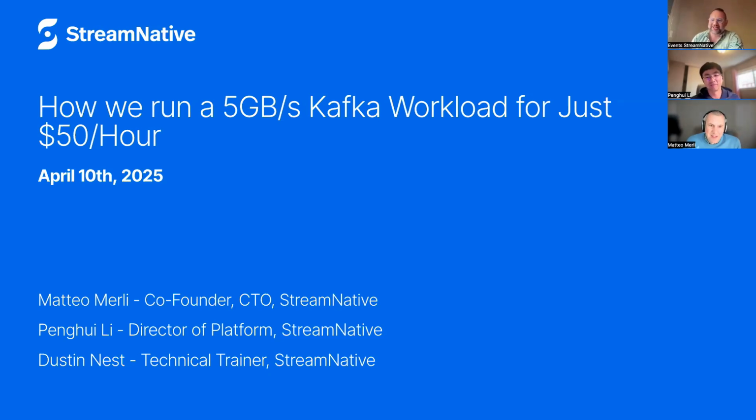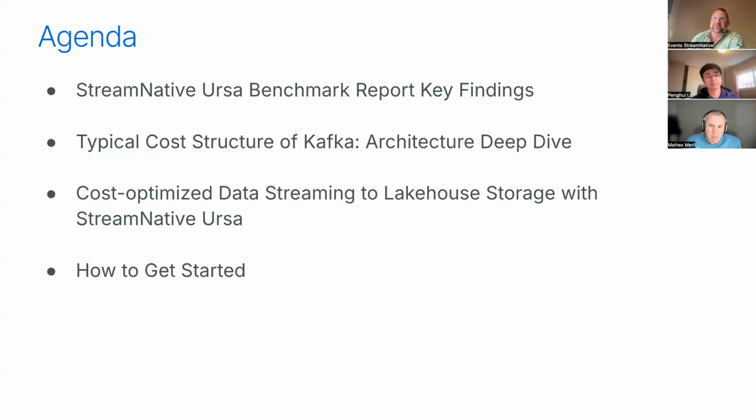So for today's agenda, first, we're going to go over a little bit about the StreamNative Ursa benchmark report key findings. I'm going to drop the link to that in the chat so you can see the full benchmark, because we're just going to hit on a couple of details of it before we go into more of a technical deep dive.